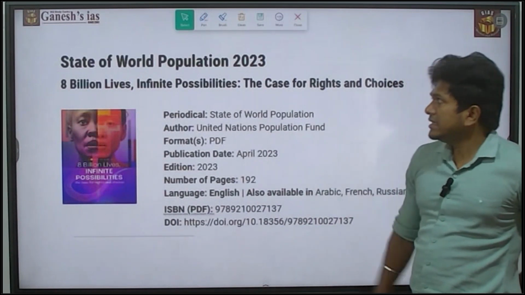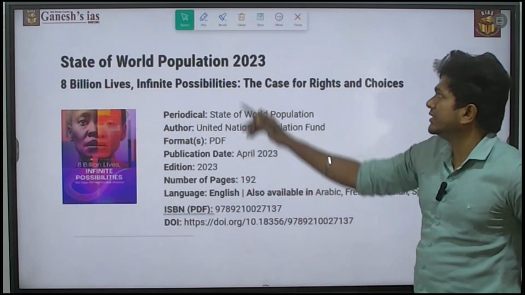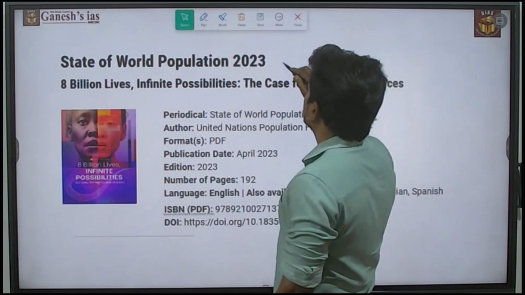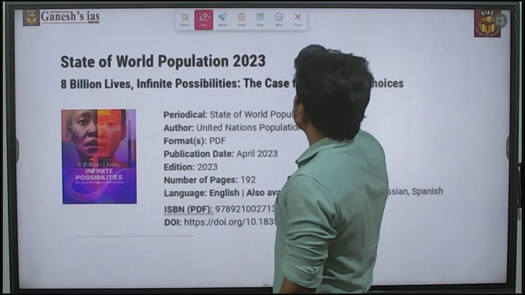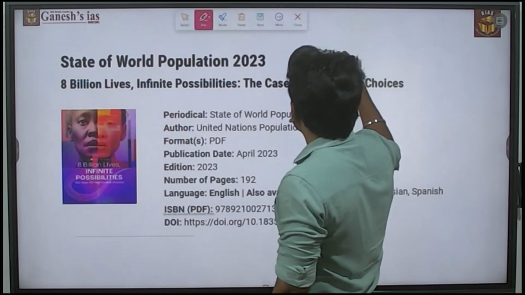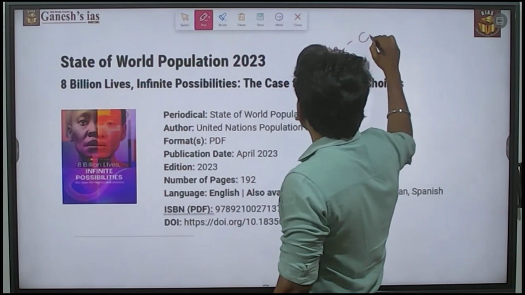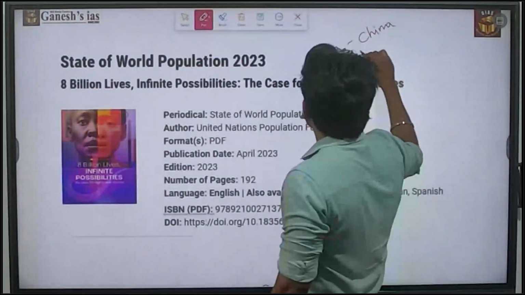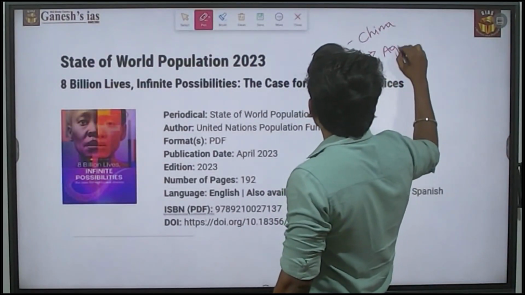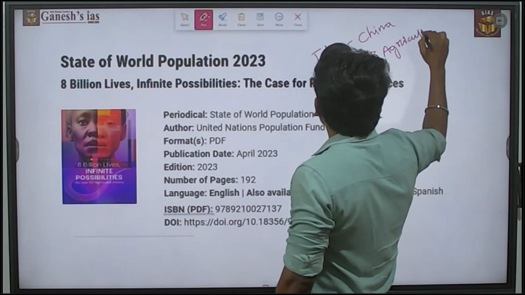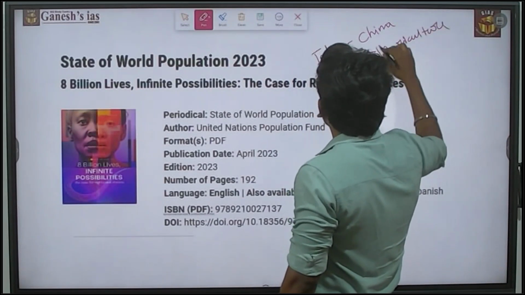In the State of World Population Report, they compared India and China in agriculture.